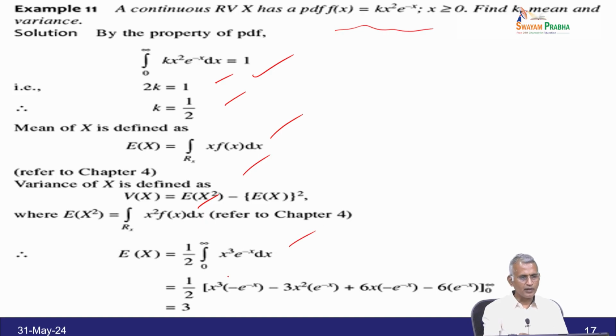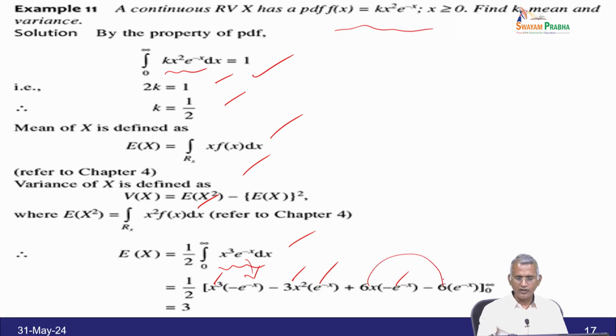Now we have to apply integration by parts. Keep x cube as it is and integrate e power minus x, which is minus e power minus x. Then x cube is differentiated to 3x square, and e power minus x is integrated to minus e power minus x, with signs minus, minus, plus. Then 3x square is differentiated to 6x, and e power minus x is integrated to minus e power minus x.